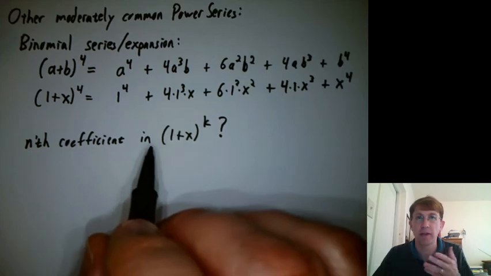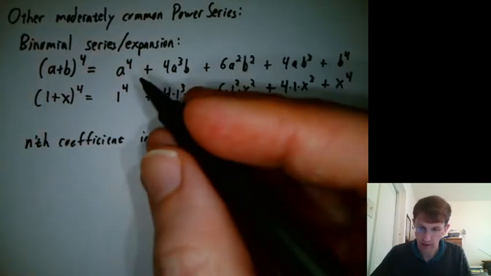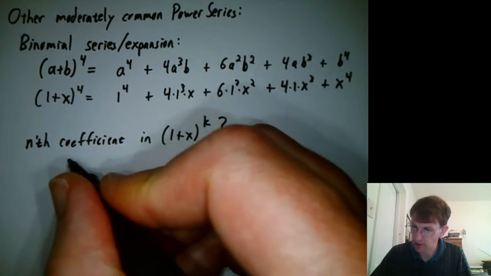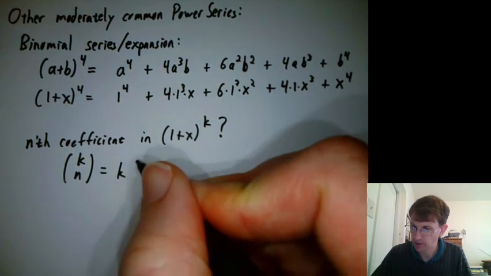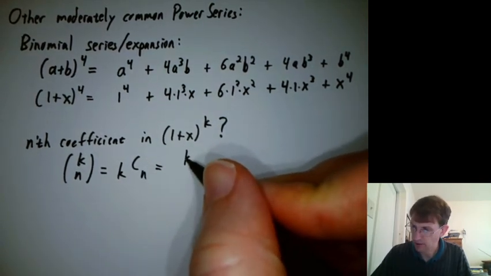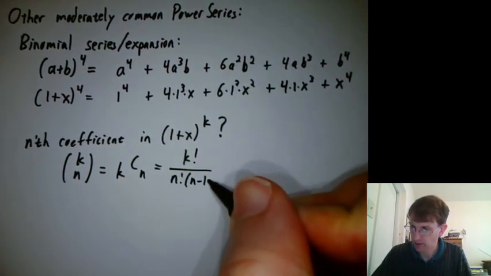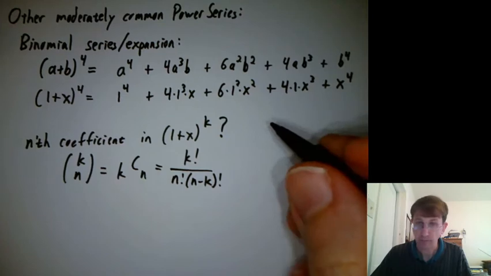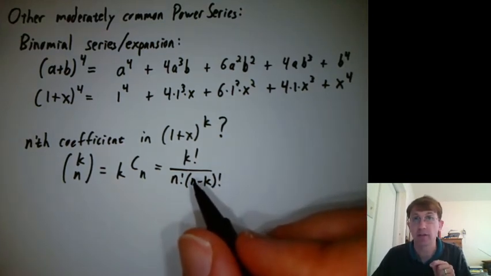You might ask, what's the nth coefficient in 1 plus x to the k rather than x to the fourth? And that turns out to be, you can write it as k choose n, or sometimes we write it as k with a capital C there, n. And that's k factorial over n factorial times k minus n factorial. And the cool thing is, if you're careful, that even works if k is fractional.